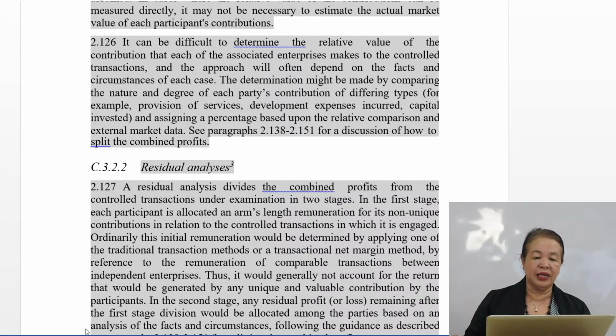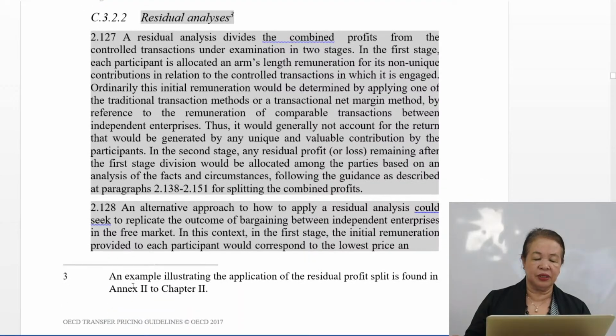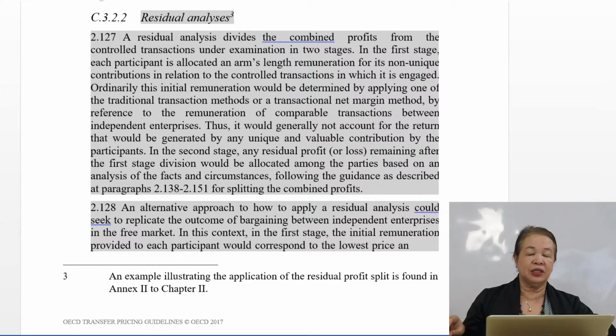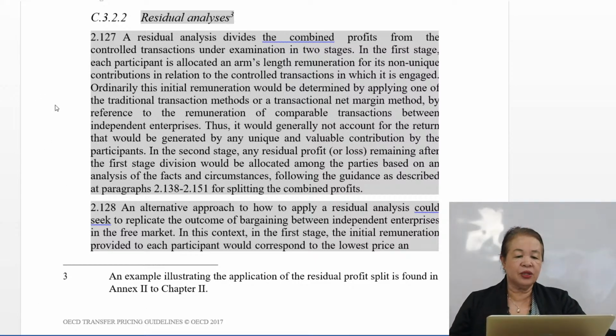Paano ba hati-hatiin yung combined profits, no? So, residual analysis, paano naman ginagawa yung residual analysis? Ibig sabihin, residue, tinanggal mo na yung iba, binigay mo na sa kung kani-kanino sila belong, and then yung matira, yun na lang yung pagkati-hatian, no? So, a residual analysis divides the combined profits from the controlled transactions under examination in two stages.